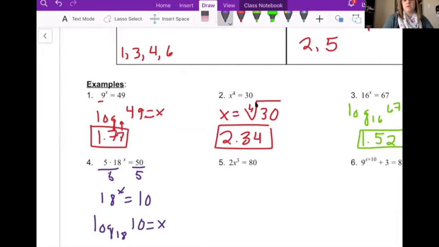So again, we type that into our calculator using the log base, base 18 of 10. And so we get that this is 0.7966397702. I'm just going to round that to 0.797 just because I don't want to round the 9. But if you rounded to just 2 decimal places, that would technically round to 0.80.